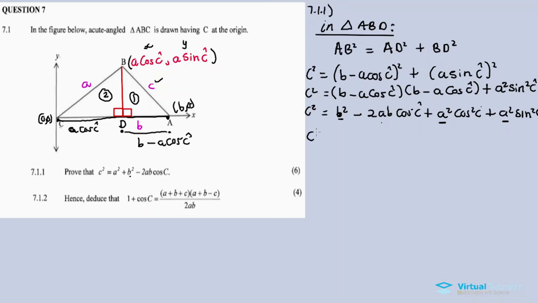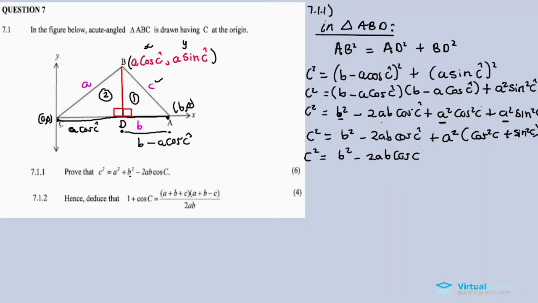We get B squared minus 2AB cos angle C plus A squared as a common factor, leaving cos squared C plus sine squared C. Voila. And then C squared is equal to B squared minus 2AB cos C plus A squared times this.